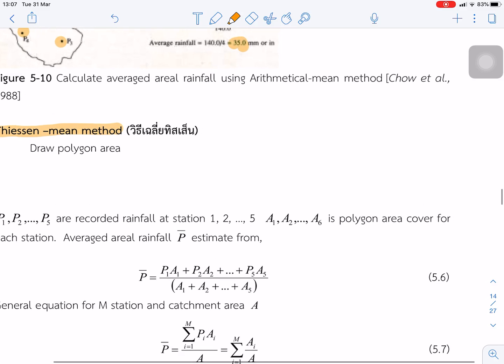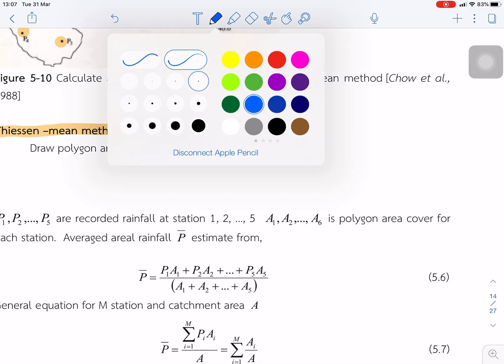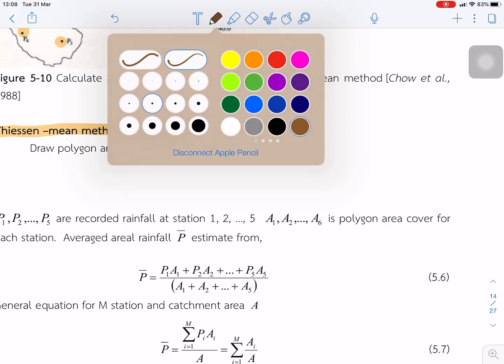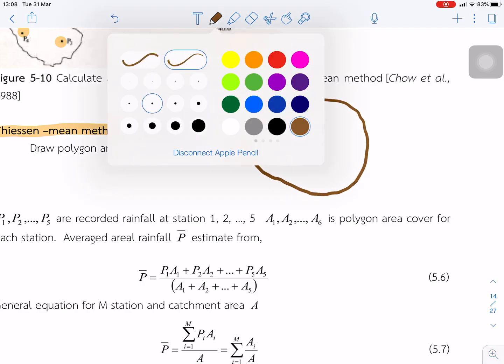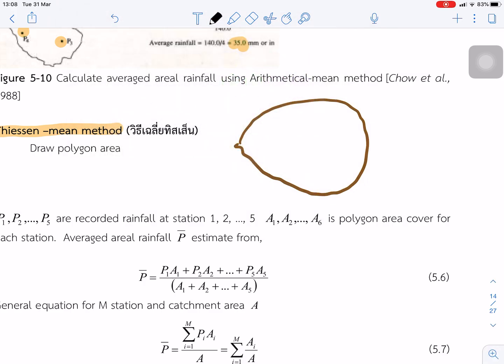For example, this is the catchment area, and we have the rainfall stations: station 1, 2, 3, 4, and 5.